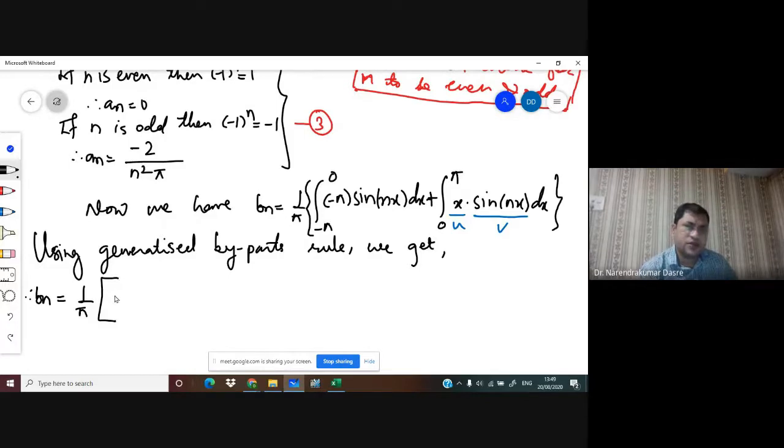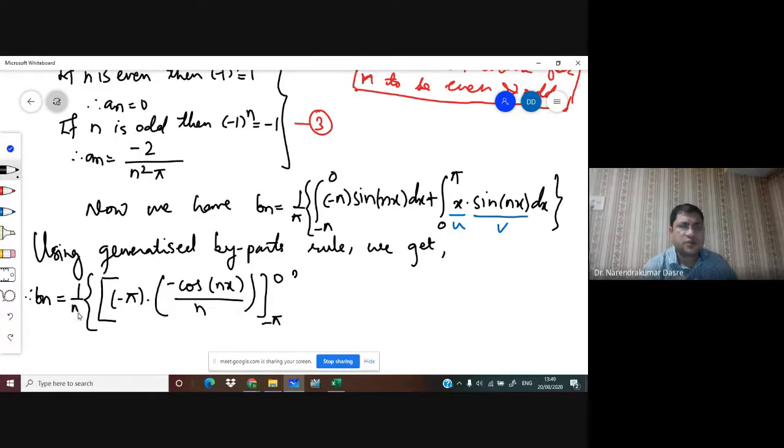Then we have here minus pi, and the integration is going to be minus cos of nx on n, and the integral limits are minus pi to 0. So here we have this.